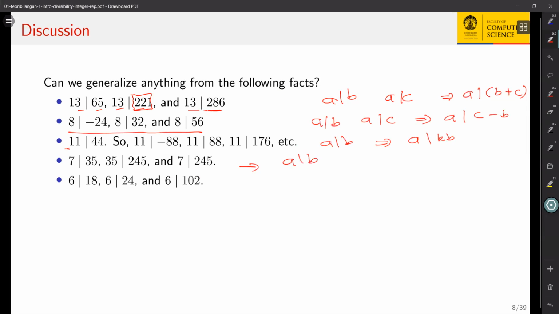If A divides B and B divides C, then you could conclude that A divides C. And finally, the last one: A divides B, and then A divides C.